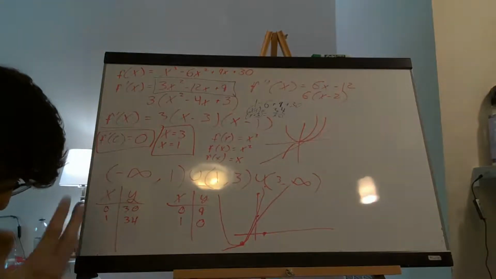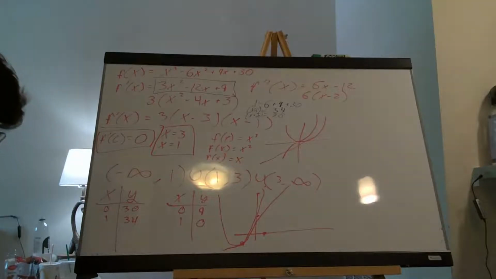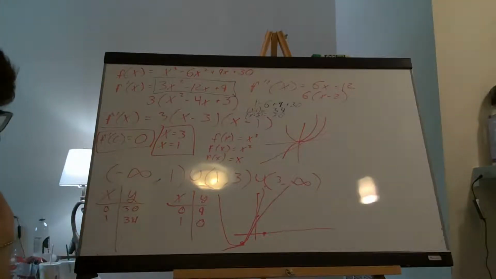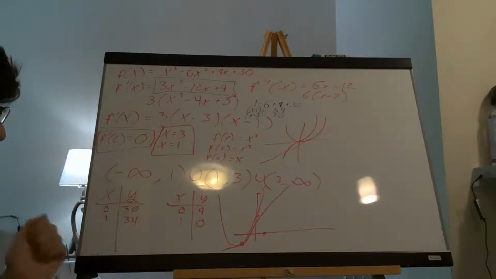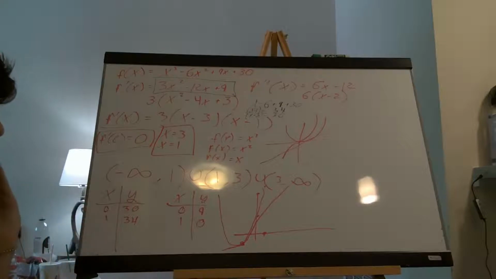So the main idea of all of this is that we're focusing around a critical number where f prime of x equals 0. That means that the slope is not changing at that point. So that means that we're going to have a tangent line there.